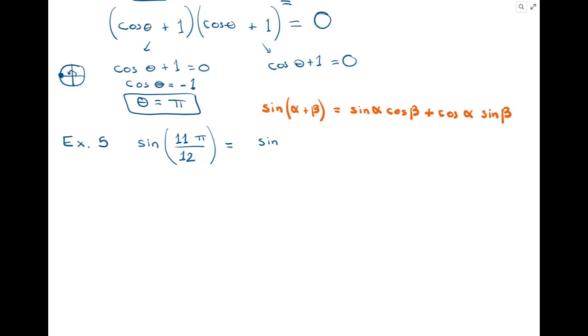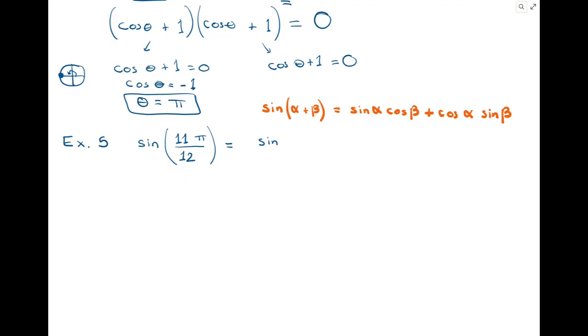So that's the sum formula, right? And so I want to see, can I use this formula to actually evaluate 11 pi over 12, because I don't know any angle over 12 in my unit circle just like that, right? So I need to break 11 pi over 12 into two different angles so I can apply that.